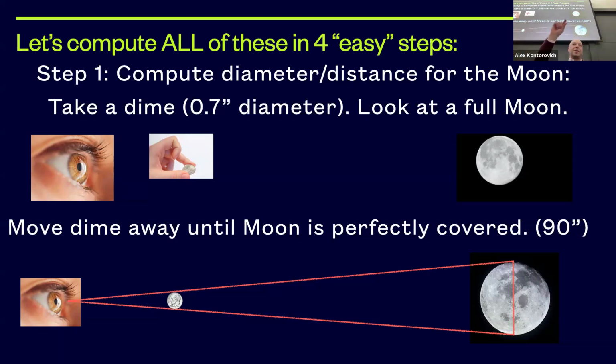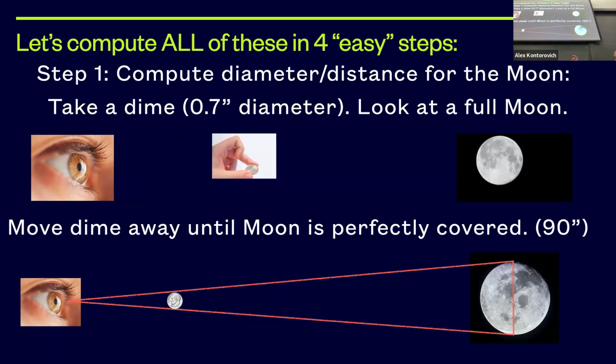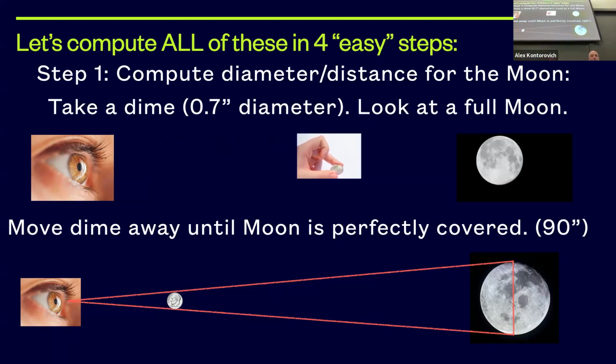And you take a dime, which has diameter, I'm told, 0.7 inches, and you tape it to your window where you can see the moon. And then you just step back until the dime perfectly covers up the moon. Until, from your eye, the dime is just perfectly covering up the moon.